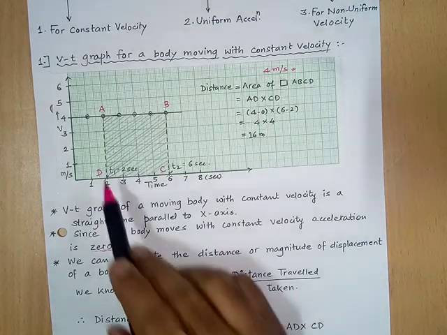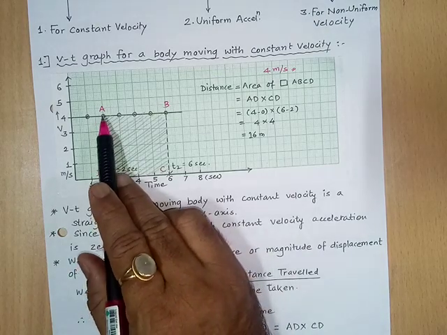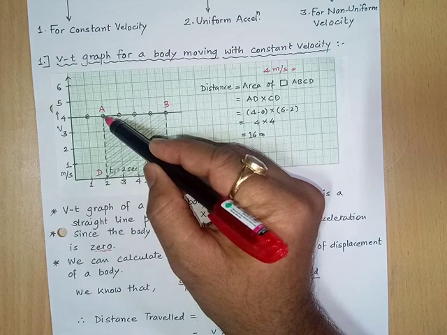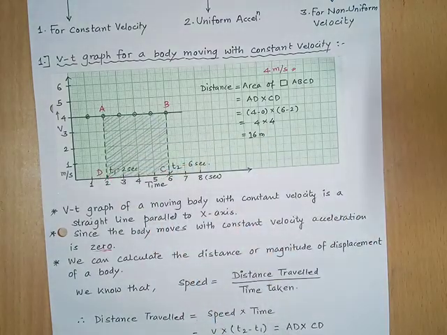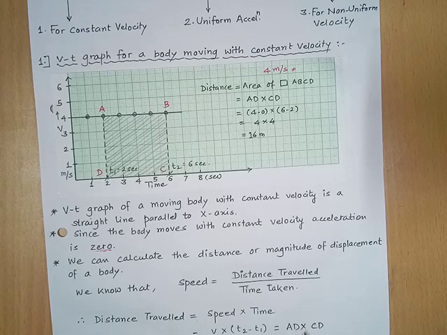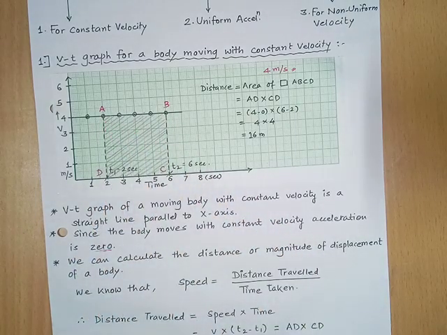If you observe carefully, this v is nothing but AD, so I will write v equals AD. And t2 minus t1 is nothing but CD. The multiplication of AD and CD gives us the area enclosed by this square ABCD.